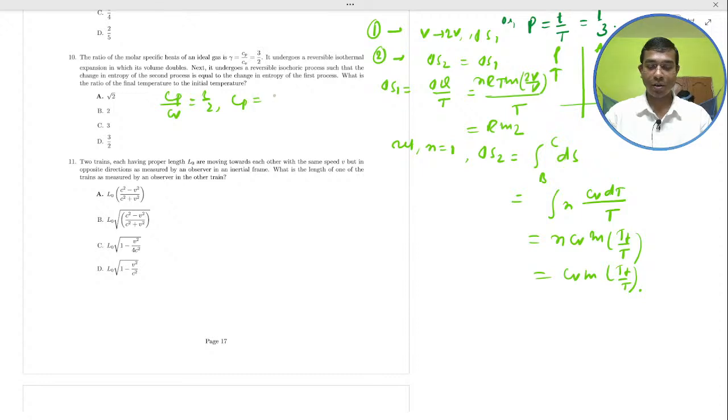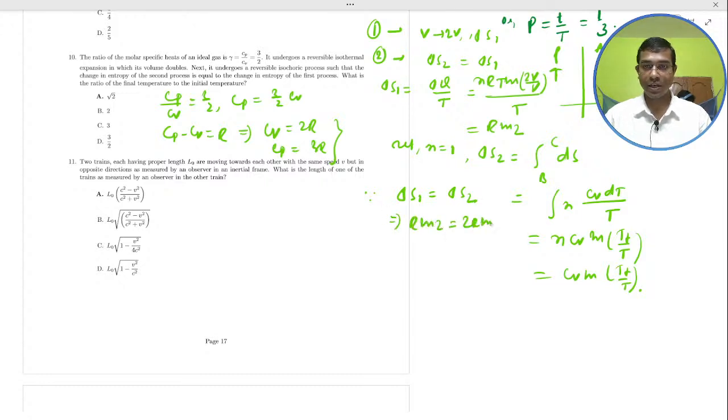That means Cp equal to 3 by 2 Cv, and we know Cp minus Cv equal to R. So here you just calculate: the value of Cv would be twice R and Cp would be thrice R. Now as delta S1 equal to delta S2, that is equivalent to R ln 2 equal to twice R ln Tf by T. Put this value, so R ln of Tf divided by T, whole square.